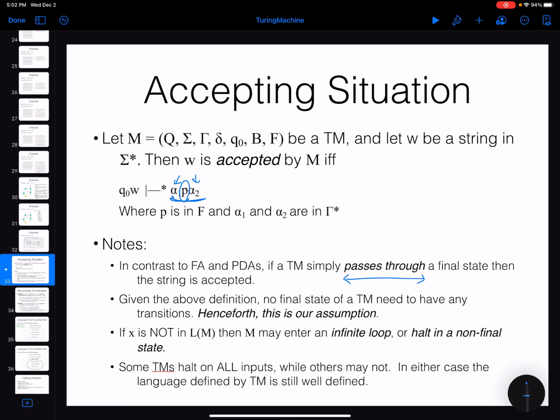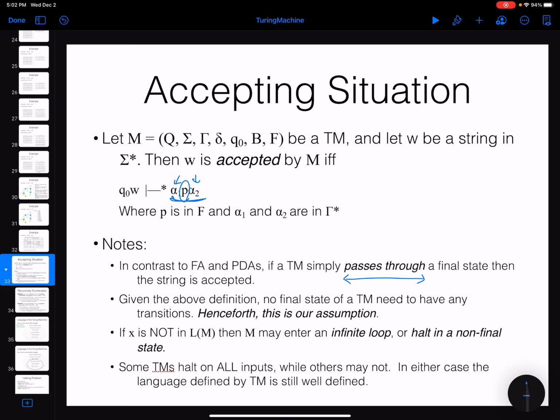The accepting states in the Turing machine don't have any transition, unlike the finite state or the push-down automata, where even if you enter an accepting state, if you haven't finished reading the input, you still need to continue, and that's why over the accepting states you might have some transition. But in the Turing machine, that's not the case, because the input string has been written on the tape.